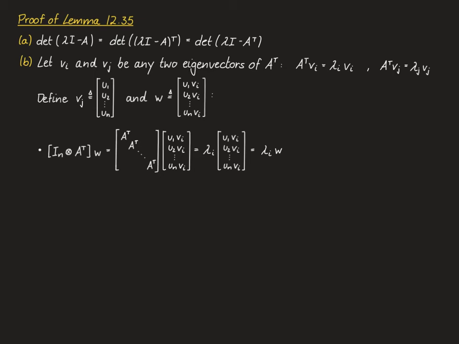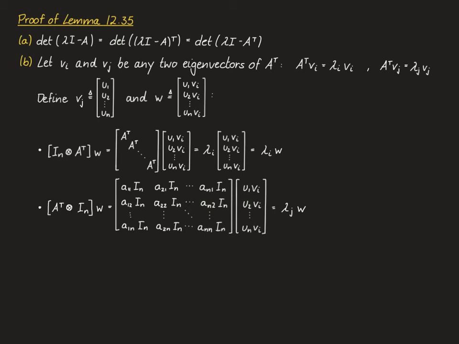And if we perform the matrix vector multiplication, we see that A transpose always multiplies the vector Vi, which is equal to lambda i times Vi, and hence we can pull out the scalar lambda i into the front of this vector, and we get lambda i times w.